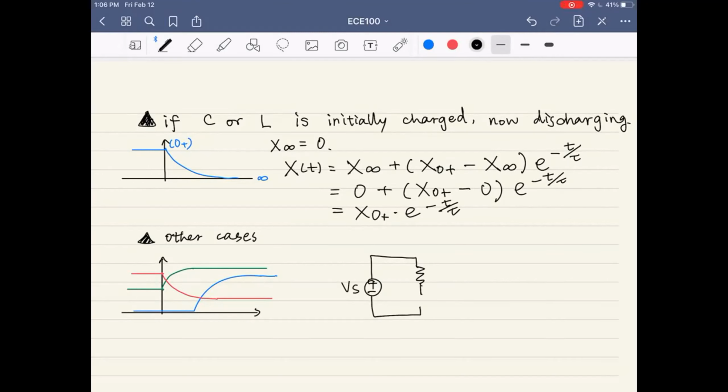It is not a very good example, but yeah, like this. Suppose this is 1 omega, this is 1 omega, and Vs equals 2 volts.